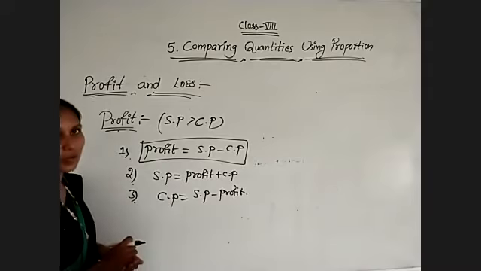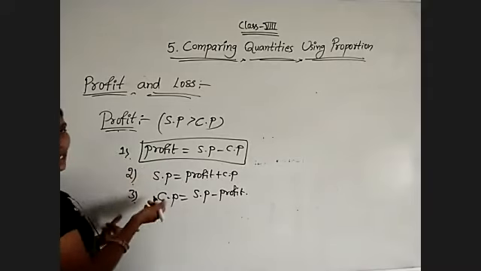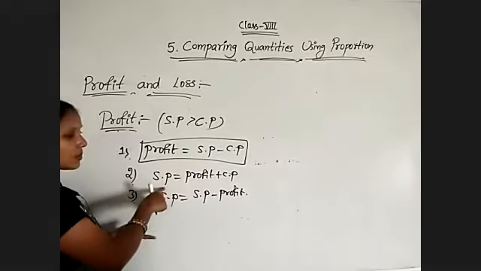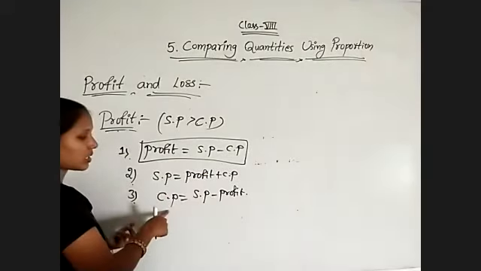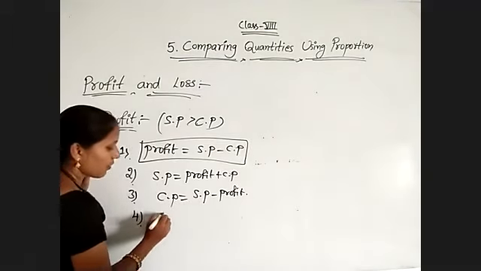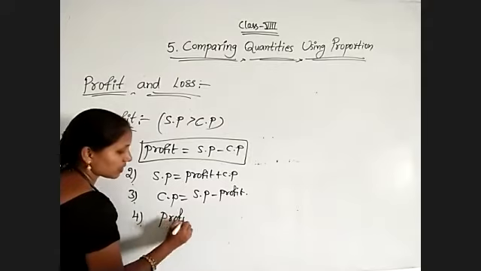What about profit percent? Profit or gain also. So gain is equal to SP minus CP. Otherwise, SP is equal to gain plus CP. CP is equal to SP minus gain. And next we have profit percent or gain percent.